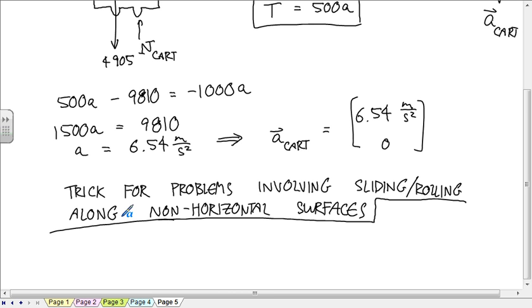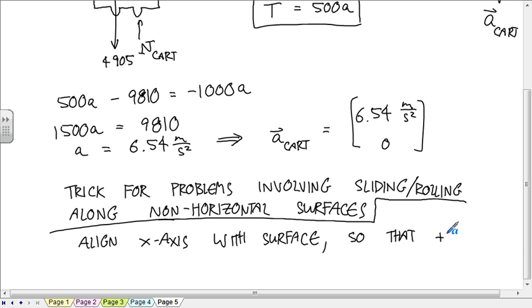So now what we're going to do on problems like this is we're always going to align the x-axis with the surface, parallel to the surface, so that the positive y-axis points out of the surface.